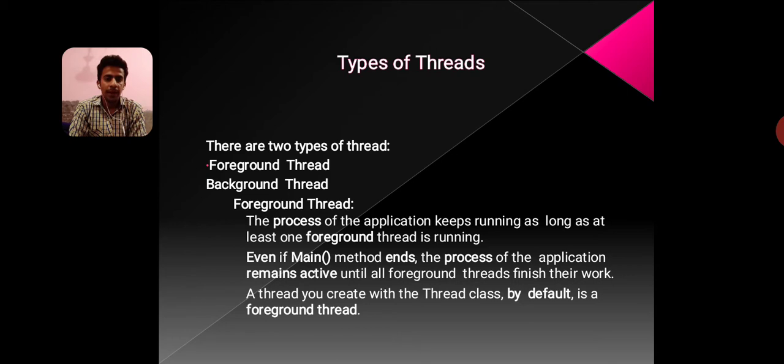Even if the main method ends, the process of the application remains active until all foreground threads finish their work. A thread you create with the Thread class by default is a foreground thread.